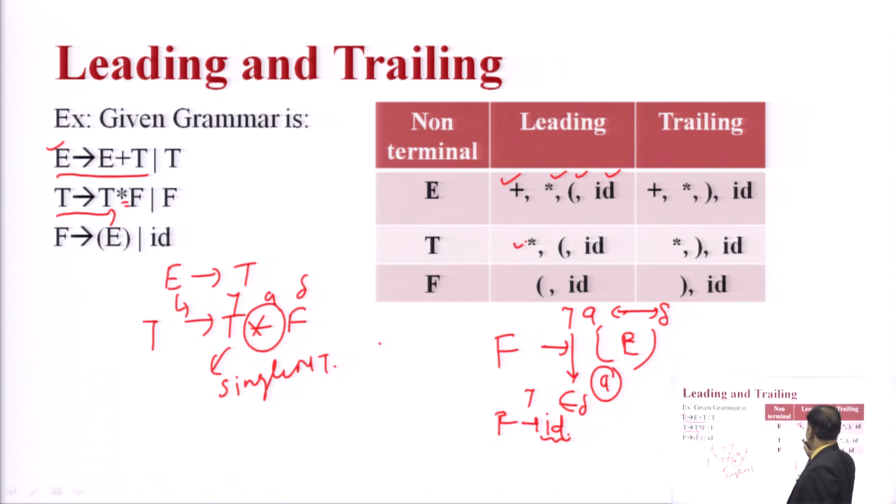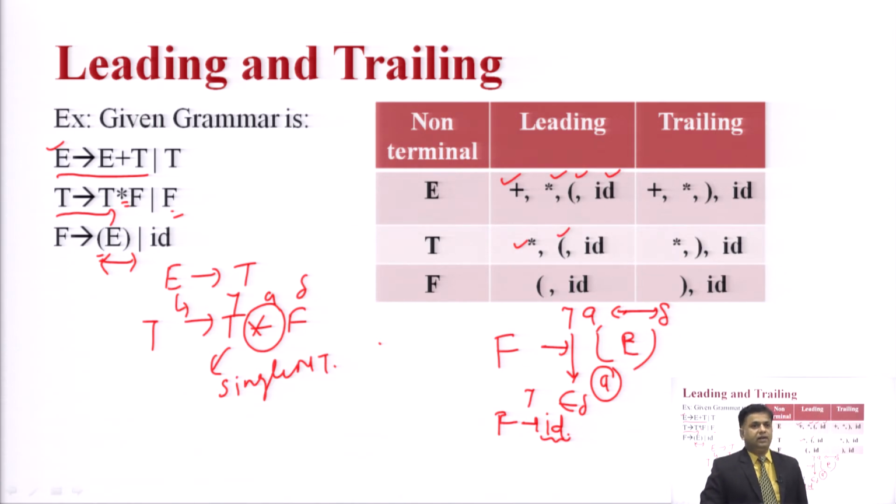So, star will be in the set of leading of T. T drives F and F drives parenthesis of E, that means T drives parenthesis of E. So, again the opening parenthesis may be the first terminal symbol which can be derived from the T. So, again the opening bracket will be in the leading of T, right. Similarly, now we come to the F: T drives F, F drives ID. Again this may be the first terminal symbol which can be derived by the T. So, again the ID will be in the set of leading of T.